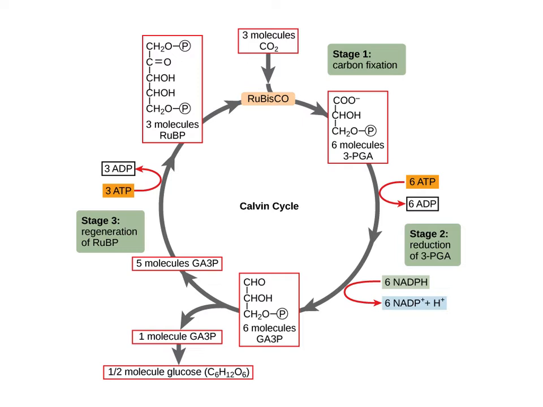And it's a simple 3-carbon organic molecule. It's got 1 phosphate on it. So really, when we carboxylate RuBP, we end up with 2 molecules of 3-phosphoglycerate. And those molecules of phosphoglycerate are then phosphorylated a second time, so the other end of the carbon skeleton receives a phosphate group.